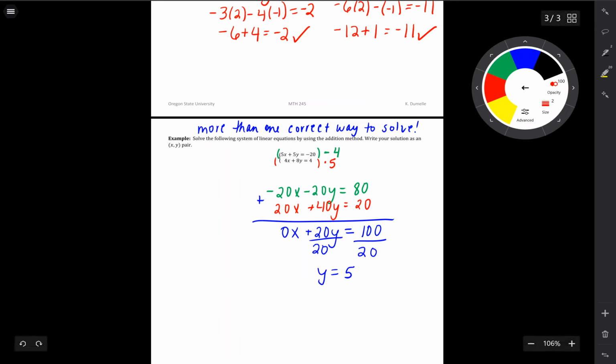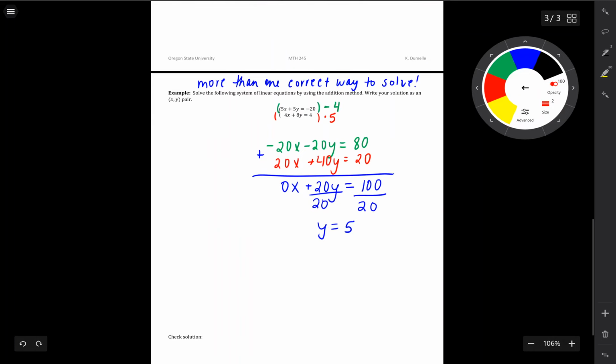Now I'm going to be plugging in y equals 5 into one of my original equations. Let's do the second one. So when I plug y equals 5 into the second equation, I get 4x plus 8 times our y value, which is 5, equals 4. So I have 4x plus 40 equals 4.